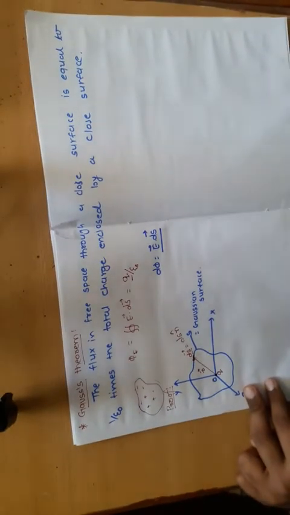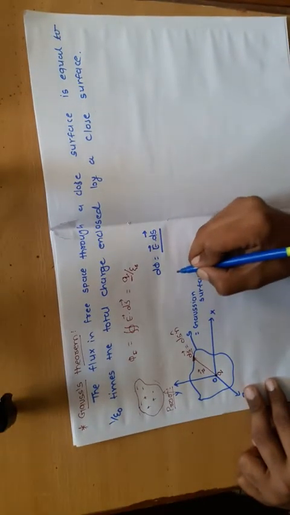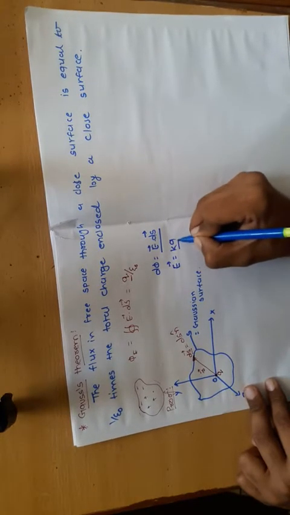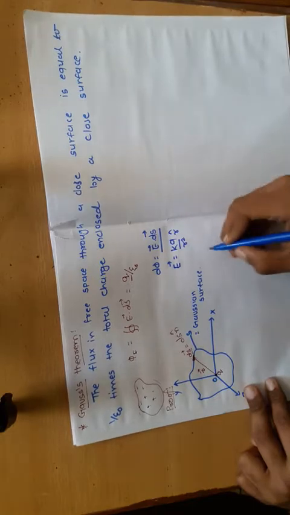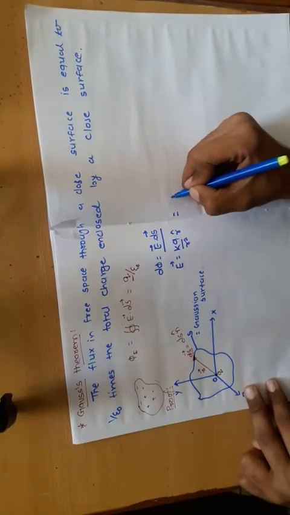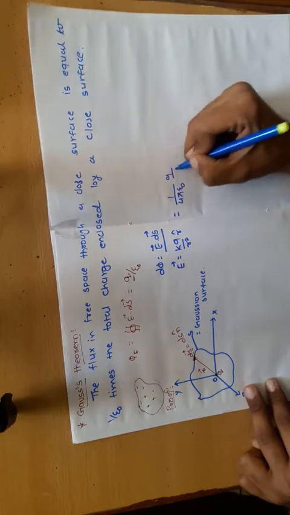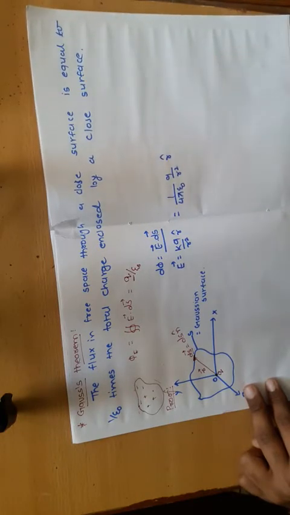What is E? E is the electric field. So how can I write E? That is kq upon r square into r cap, which is nothing but 1 upon 4 pi epsilon q upon r square into r cap.